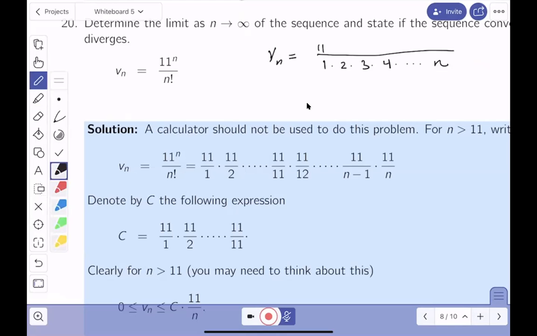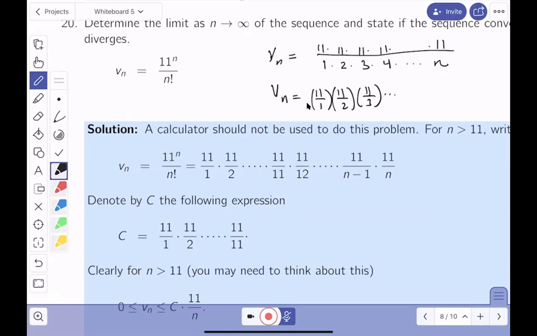So 1 would be with the 1, 1 would be with the 2, 1 would be with the 3, 1 would be with the 4, and then there's 1 for everyone else up to that one. All right, so I'm going to write that a little differently for you. 11 over 1, 11 over 2, 11 over 3. I'm already getting tired.